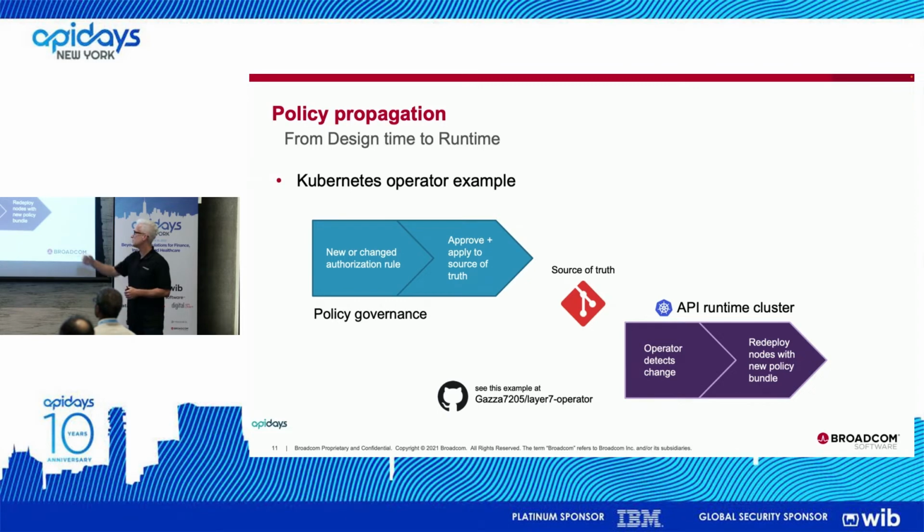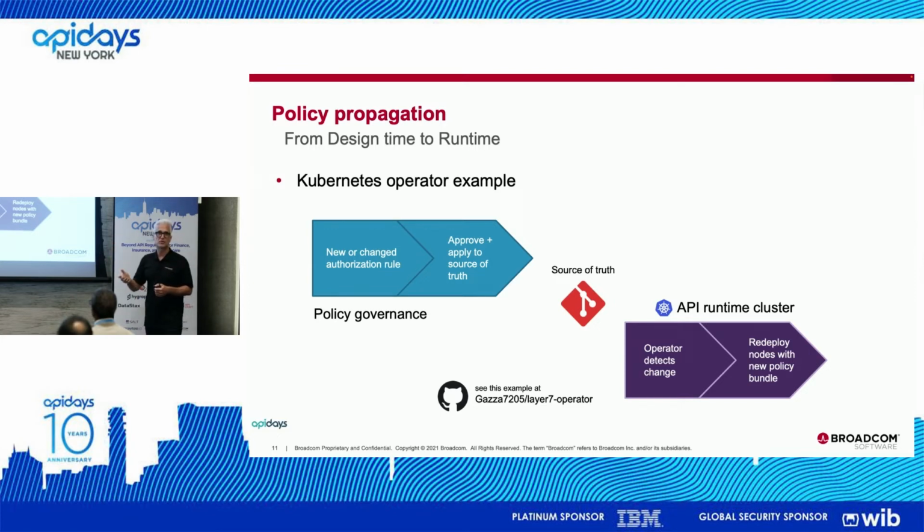So here's our second GitHub repo, if you're interested in that pattern. Here we're propagating policy from design time to runtime. We're using a Kubernetes operator. So imagine a policy governance layer. You're making changes to rules. Maybe you're applying a rule to an existing service. Maybe you're changing a rule. Our customers have their approval process flows that vary from customer to customer, right? But eventually, your new rule gets published into a source of truth.